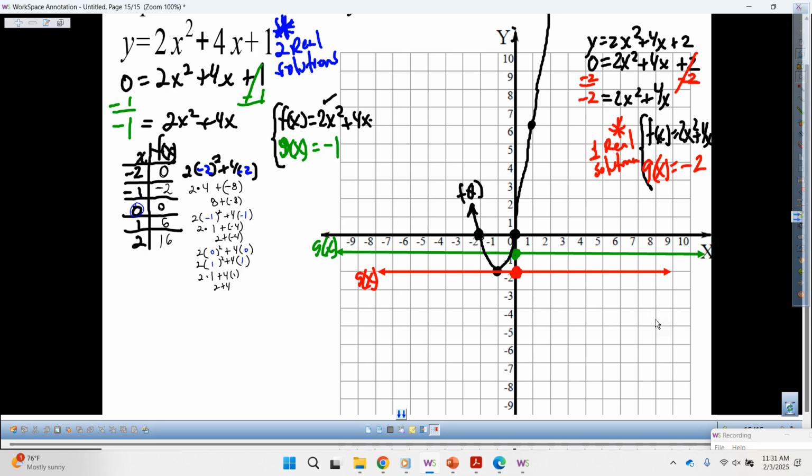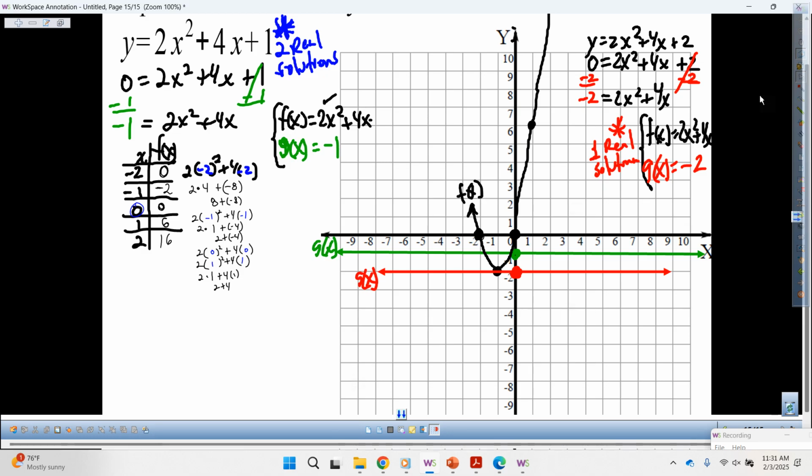Say it a little bit louder. Very good. He said, for the 1 real solution, f of x only touches the red one once. So that means for this one, f of x touches g of x how many times? 2 times. That is true.